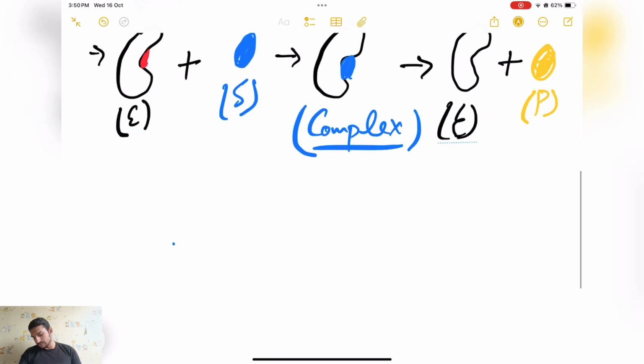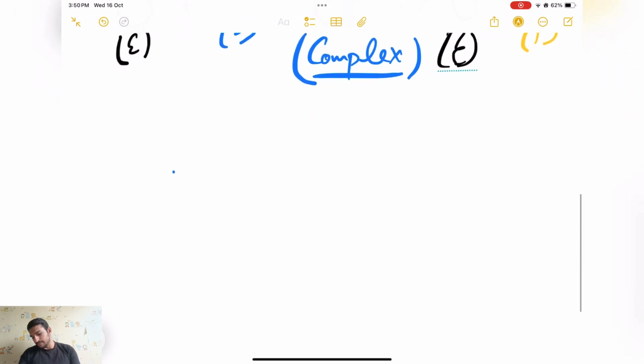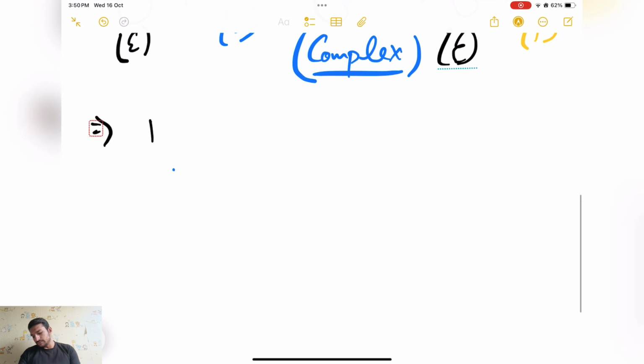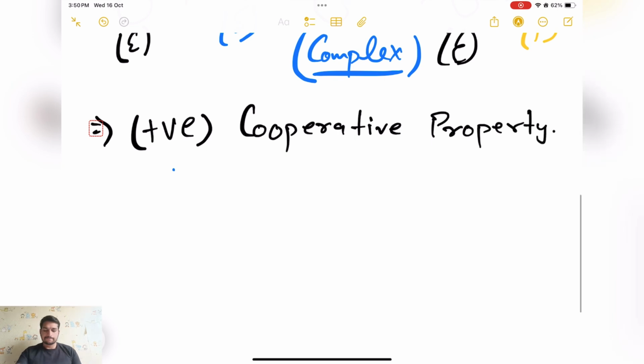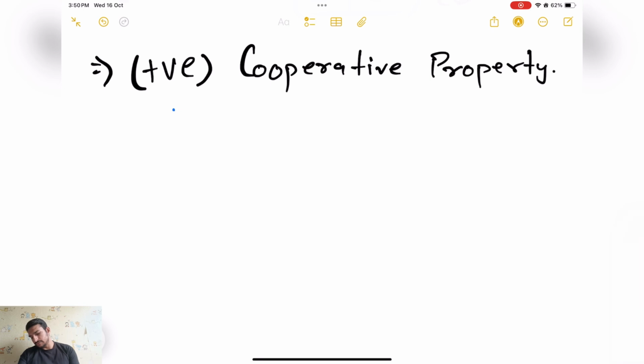Now we will talk about the positive cooperative property. Let's take an example. We have an enzyme and it has four subunits.